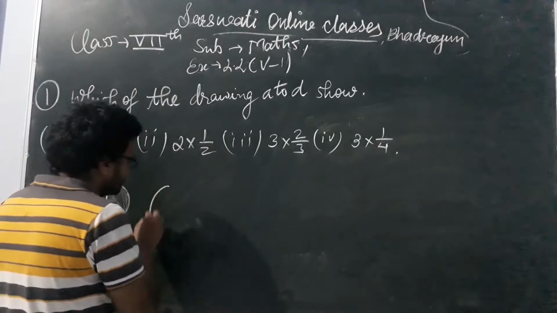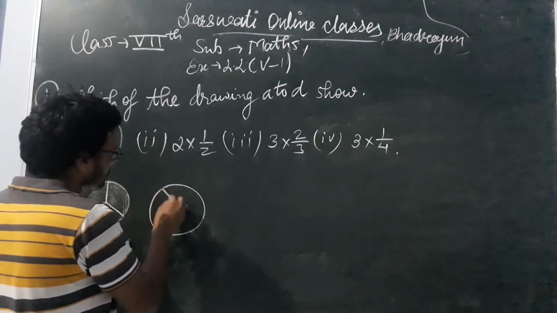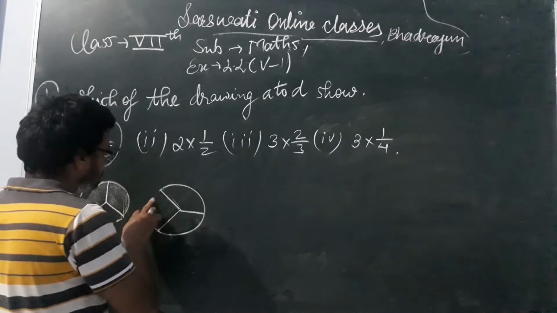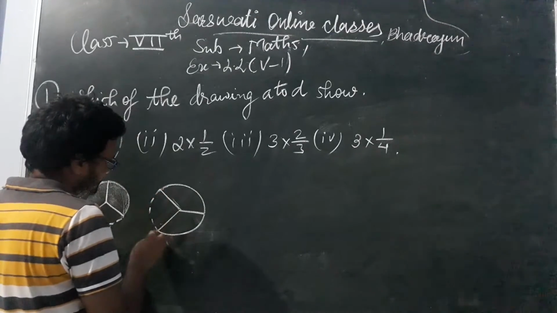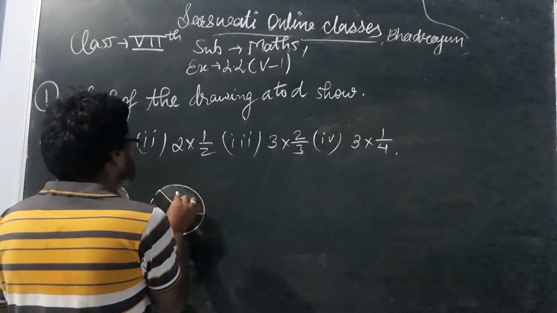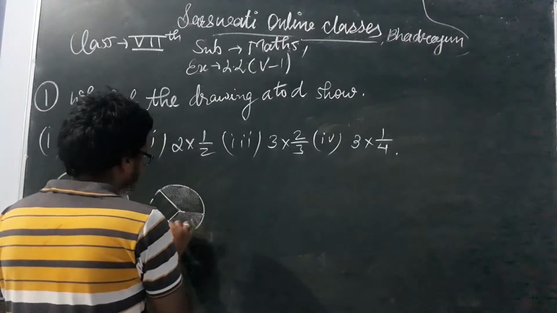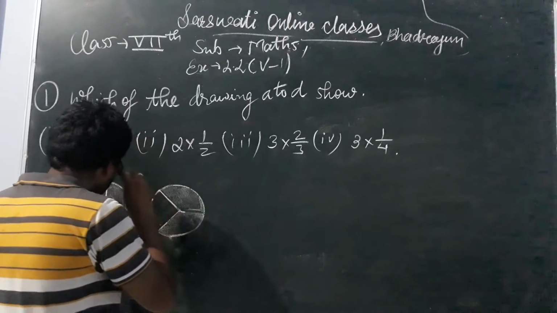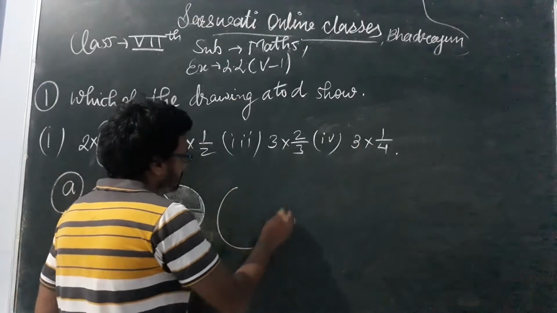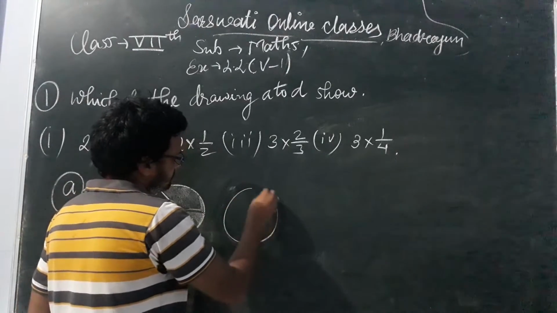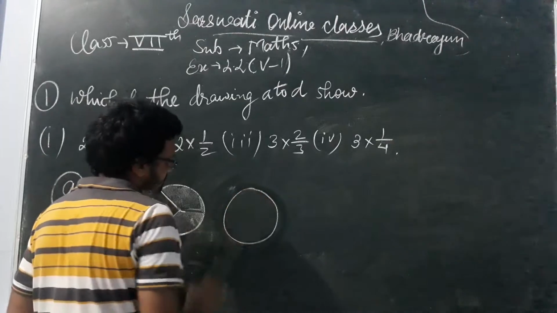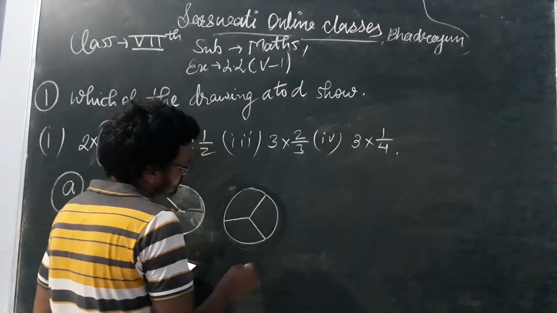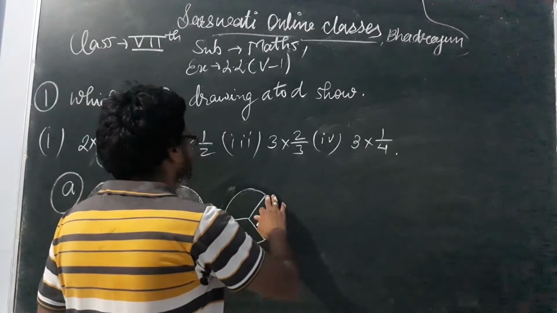Okay. Second one is this circle, and in this, this portion is shaded like this, and third circle is this one, and here we will see this portion is dotted.